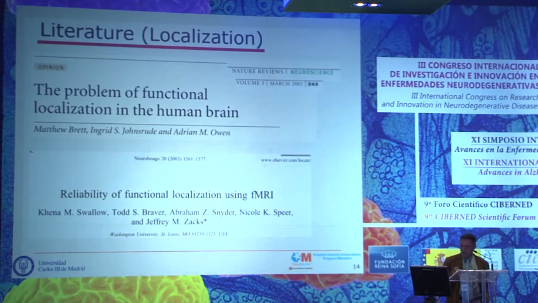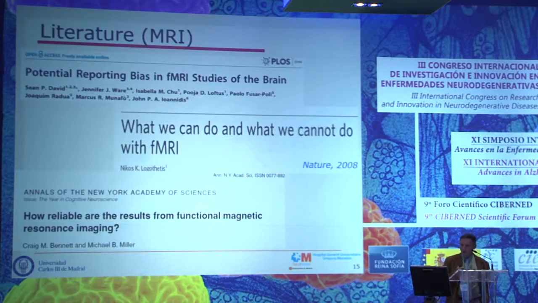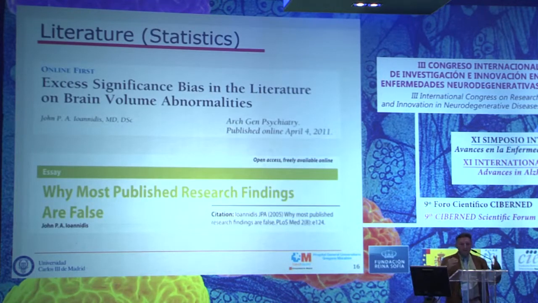Problem of localization, we can have also the problems because fMRI has many tunable parameters, and there are many papers studying, as they say, what we can do and what we cannot do with fMRI, how reliable are the results from fMRI, etc. And also regarding the statistics we apply in order to obtain our results, there are a lot of complaints out there regarding, as it says here, an excess of significance bias in the literature.